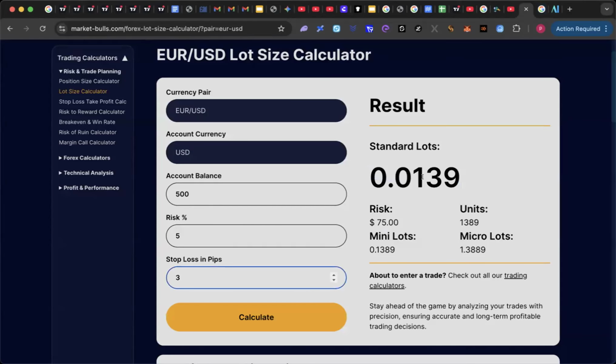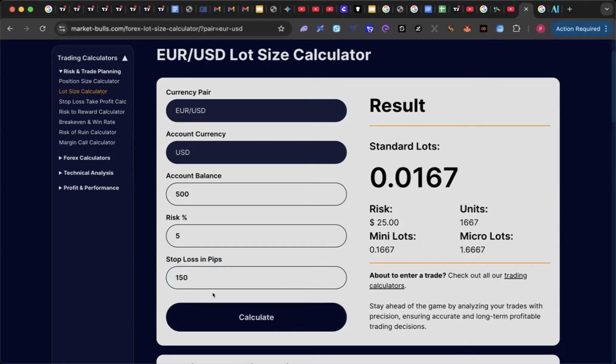Imagine your account is very small, and you want to trade gold. How many pips is gold giving as a stop loss to enter?